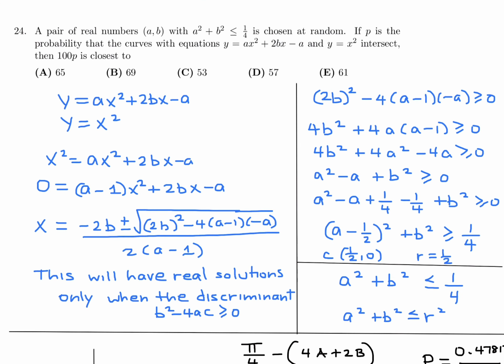So what do they want? Oh, they want 100 P. Okay, well, P was 0.609. So 100 P would be equal to 60.9. And therefore, that is closest to 61, and therefore number 24, excellent question. The answer is E.